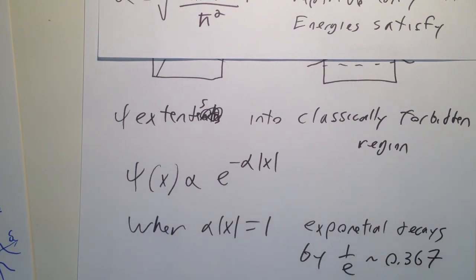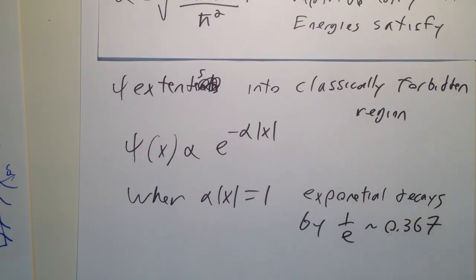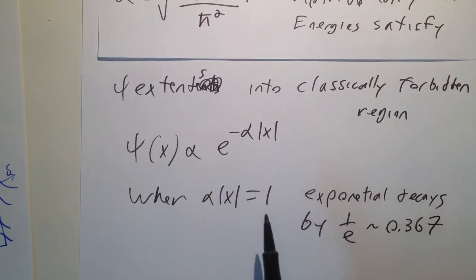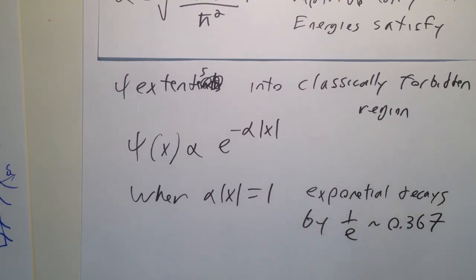This is a classic way of quantifying how far something penetrates. So the wave function decays by 1 over e when it travels a distance x of 1 over alpha.